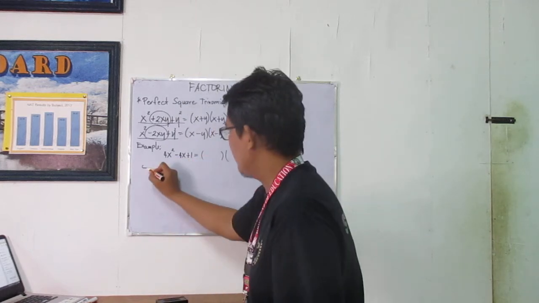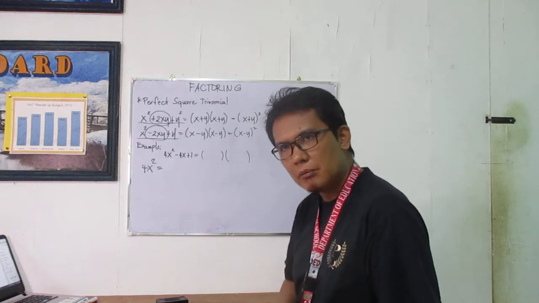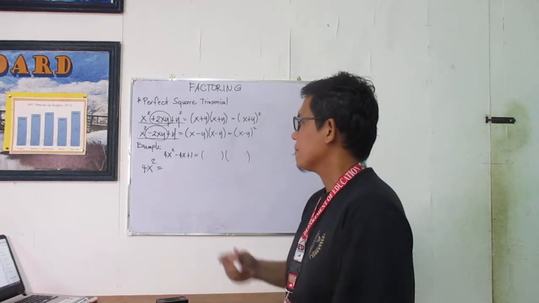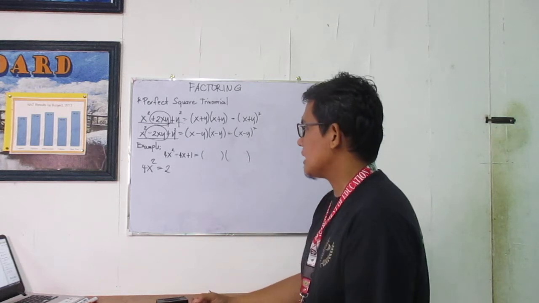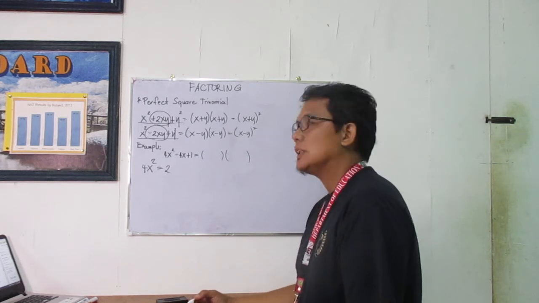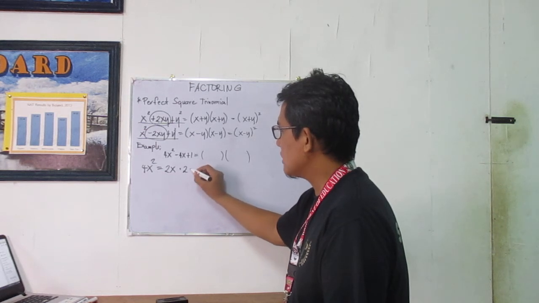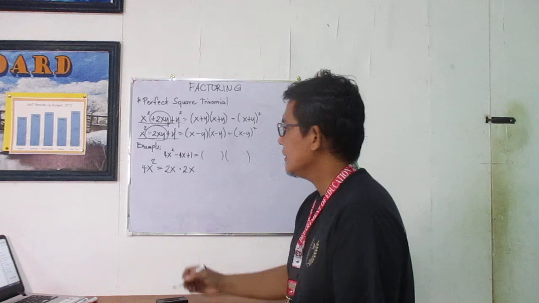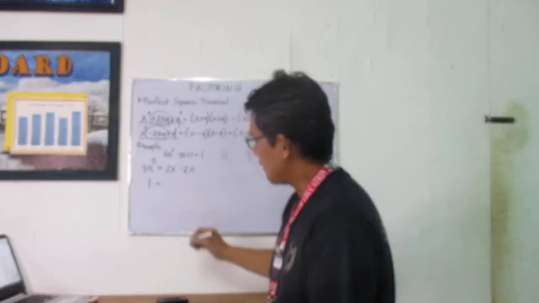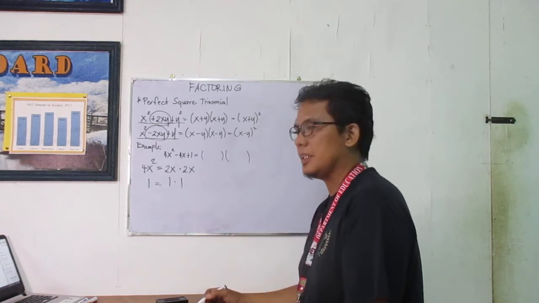Let us think of a number that is multiplied by itself, that the product is 4. And that is 2. 2 times 2 is 4. And with regards to our variable x squared, that is x. So if we multiply 2x times 2x, the product is 4x squared. Now for our 1, there's no number other than 1 multiplied by itself. 1 times 1, the answer is 1.